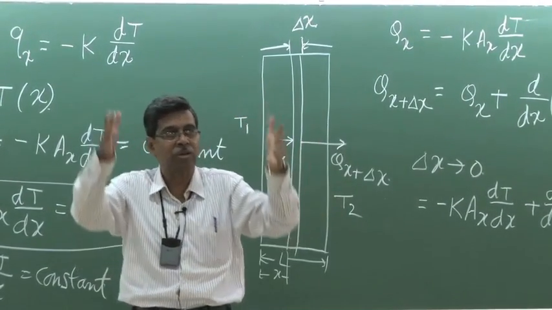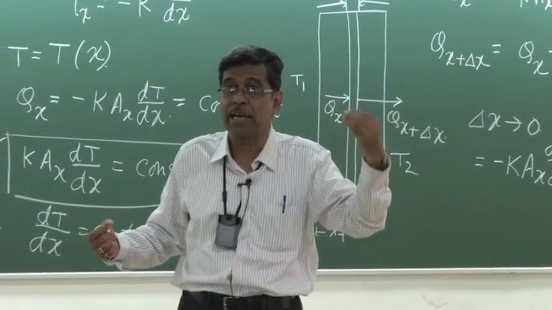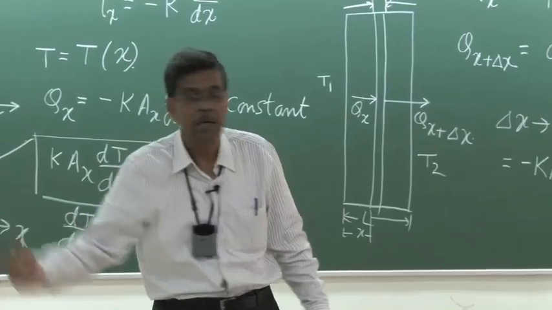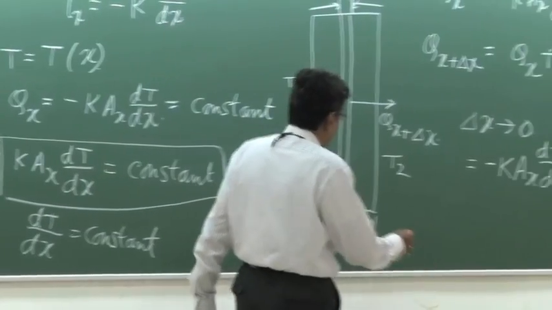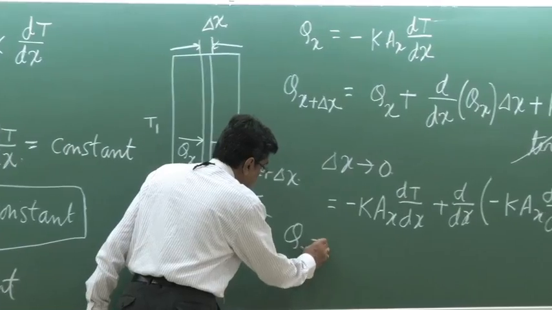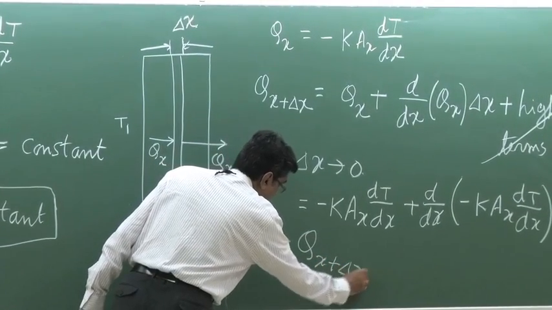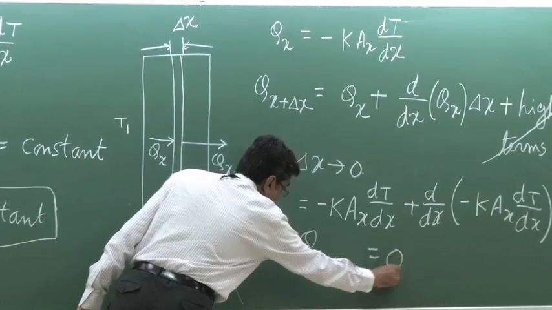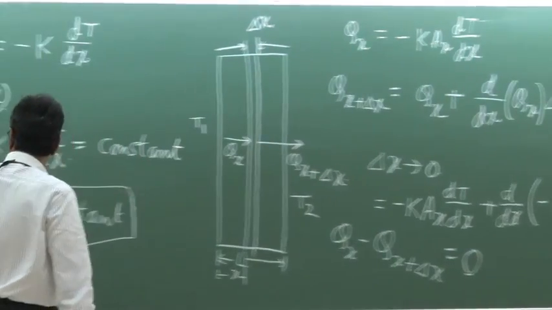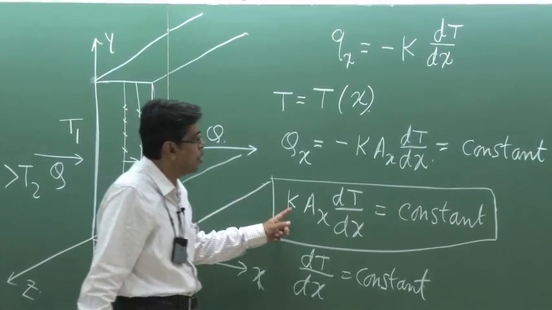That means for a steady state control volume, the influx of any material, whether it is mass or energy, equals the efflux. So therefore, one can write Qx minus Qx plus delta x equal to 0. And if you do this, you arrive at the same equation, that this is constant.